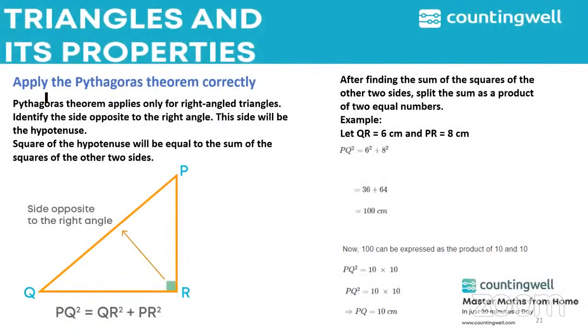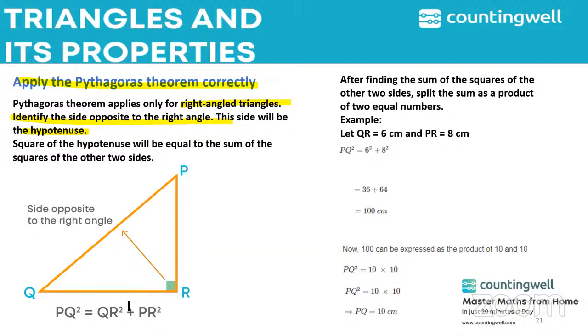Now let us see how to apply the Pythagoras theorem correctly. To apply this, we have to make sure that the triangle is right angled and it is very necessary to identify the hypotenuse of that triangle. Hypotenuse is the side opposite to the right angle.